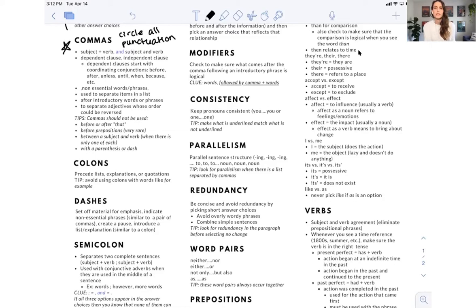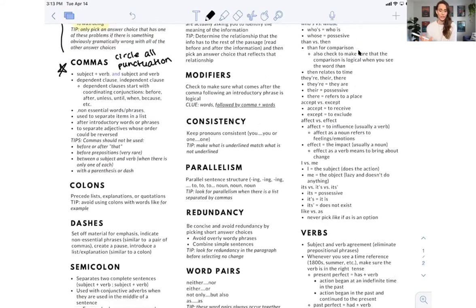So before I decide if I need a comma or a semicolon or a dash in one of the answer choices, I am going to note every piece of punctuation in that sentence so that I can make sure I'm accounting for all my punctuation. So that's just a little key thing that I want you to keep in mind before we go through these one by one.